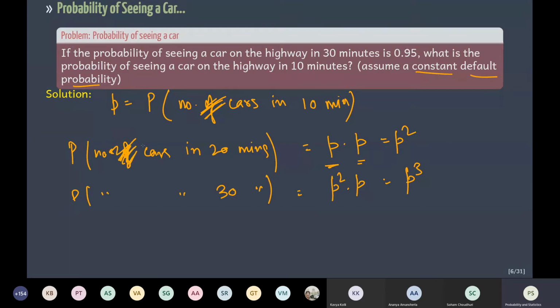Let us change this, and then no car in 30 minutes would be p cube. Now the probability that I get a car in 30 minutes would be 1 minus the probability that I have no car in 30 minutes. So this will be 1 minus p cube. Okay.